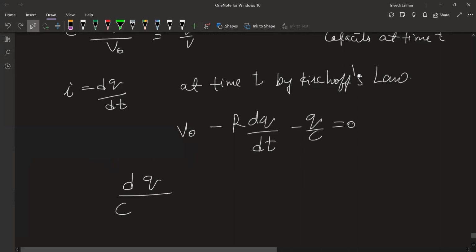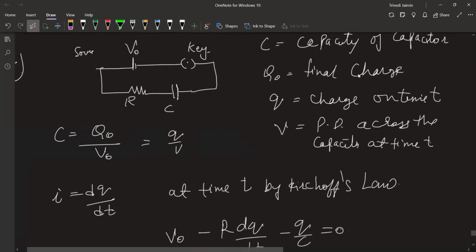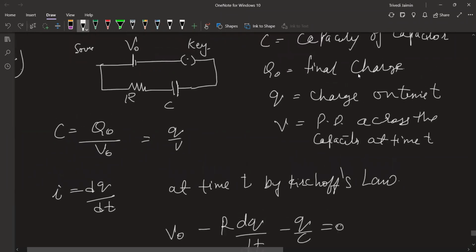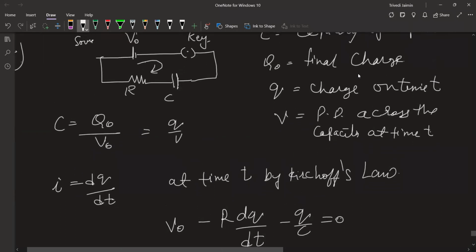So dq by (C V naught minus q) equals 1 by CR dt. Okay, fine.